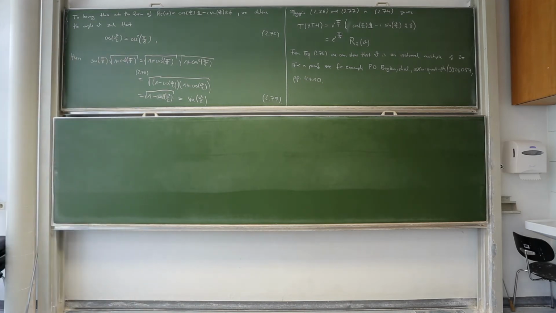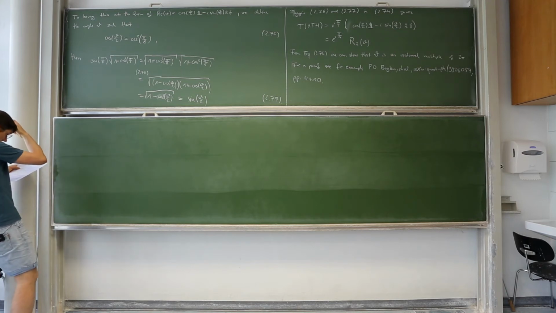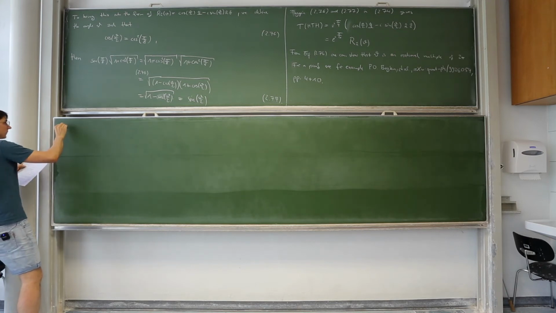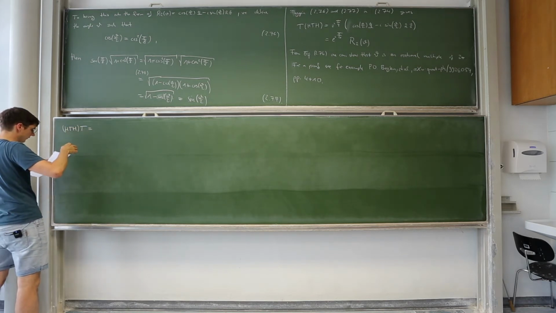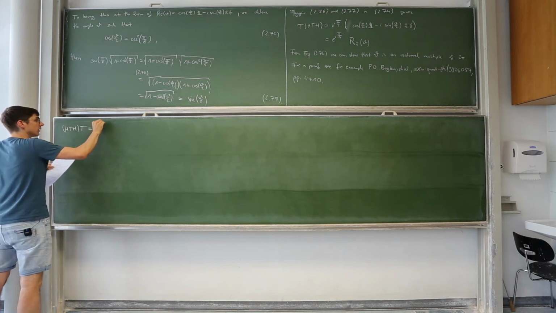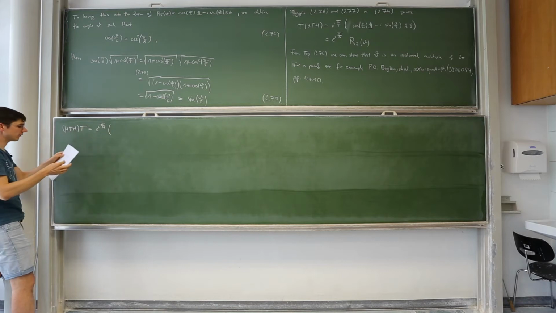Calculation works similar as before. So we have now HTH times T, which gives, if we plug this in, e to the I pi over 4. So we have 2 times this phase e to the I pi over 8.